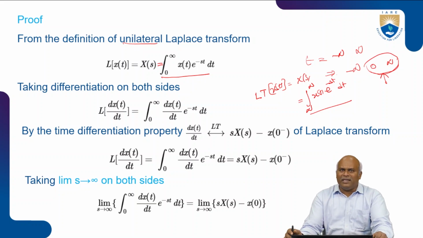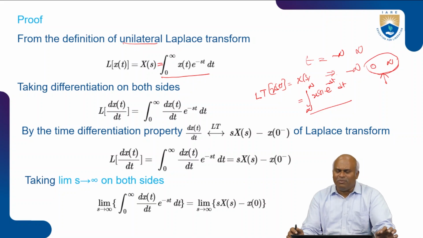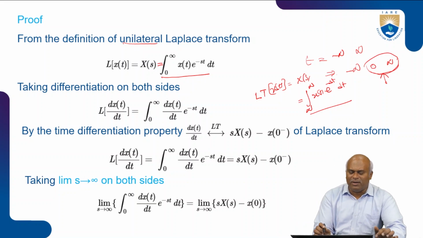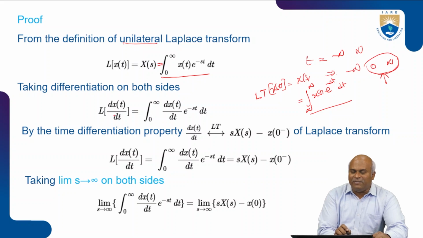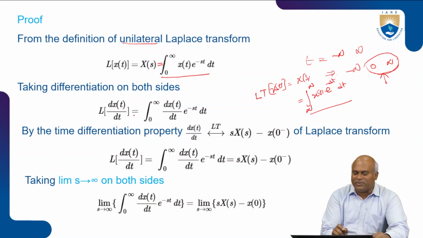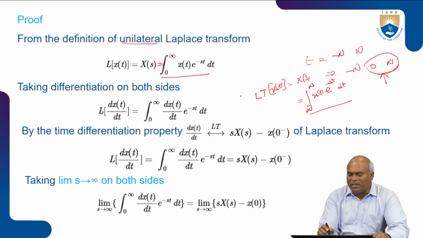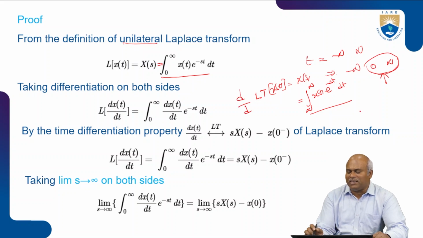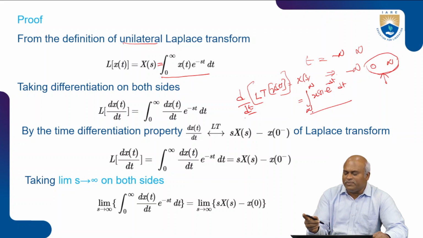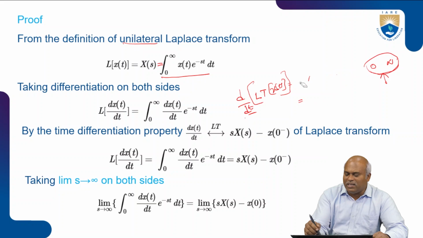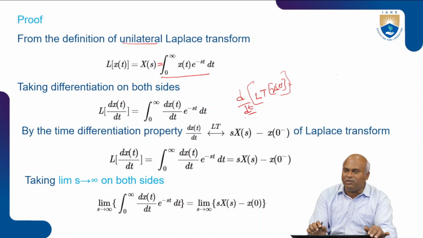Then we take the differentiation on both sides. What I am doing is the differentiation with the Laplace transform: I take d by dt of the Laplace transform. The t term is where the derivative moves, and the Laplace transform is represented in the s domain.